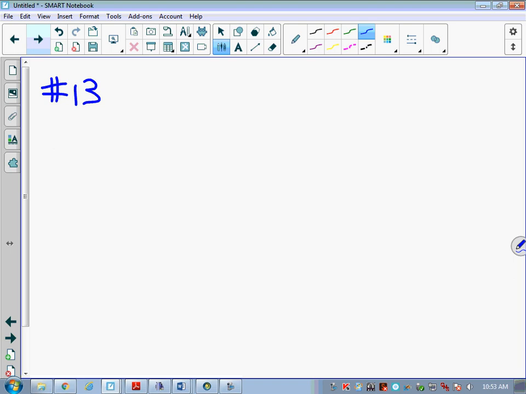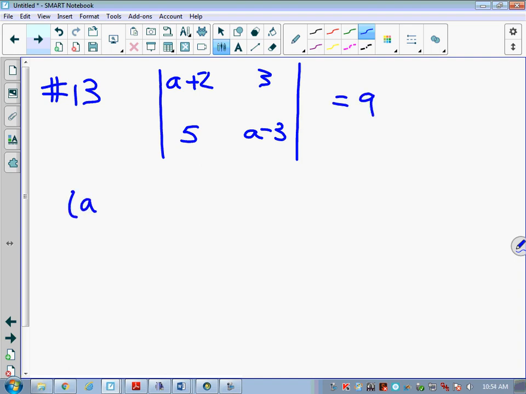Number 13 is a determinant. A plus 2, 5, 3, A minus 3 equals 9. So you want to start off with A plus 2 times A minus 3 minus 5 times 3 equals 9. So we're going to FOIL the first part.